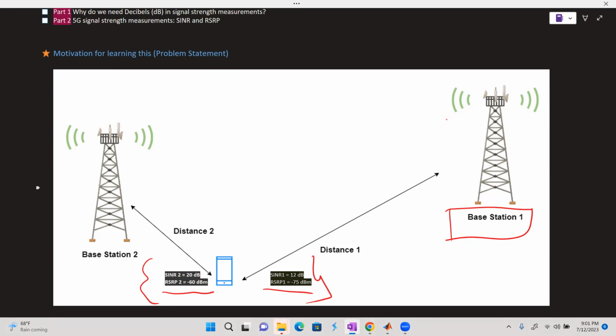In this case, looking at these distances and the values, we can see that SINR1 is less than SINR2, RSRP2 is more than RSRP1, hence the better base station is base station 2. So the cell measurements resulted in this answer of which base station the device needs to connect to. It's a very basic understanding of the problem and how SINR and RSRP help in resolving that.